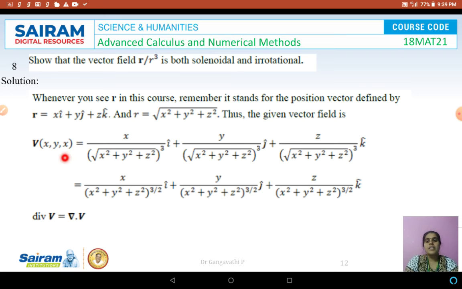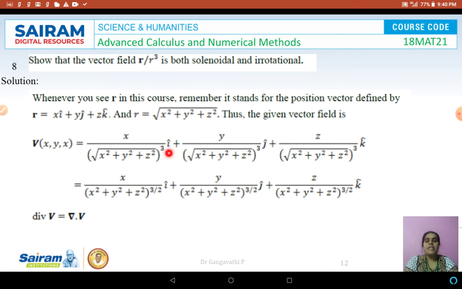So let us consider vector v. Vector v here is r by r cube. So xi plus yj plus zk cap divided by the entire thing to the power of 3. We will split the numerator: xi by the denominator plus yj by the denominator plus z into k cap by the denominator.